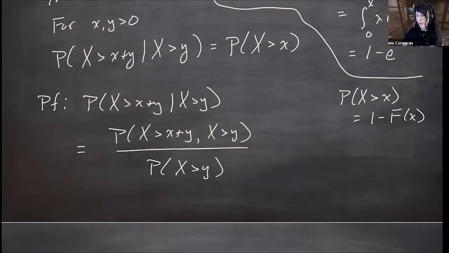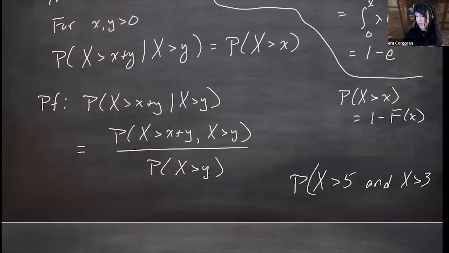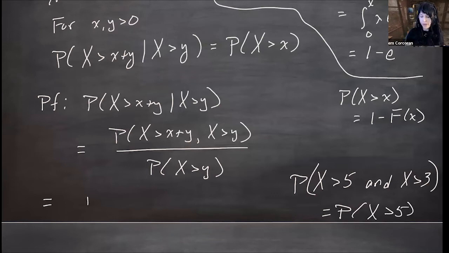It's kind of like saying, what is the probability that X is greater than 5 and X is greater than 3? That's just the probability that X is greater than 5. So for that reason, I get to rewrite this numerator with just X greater than little x plus little y.